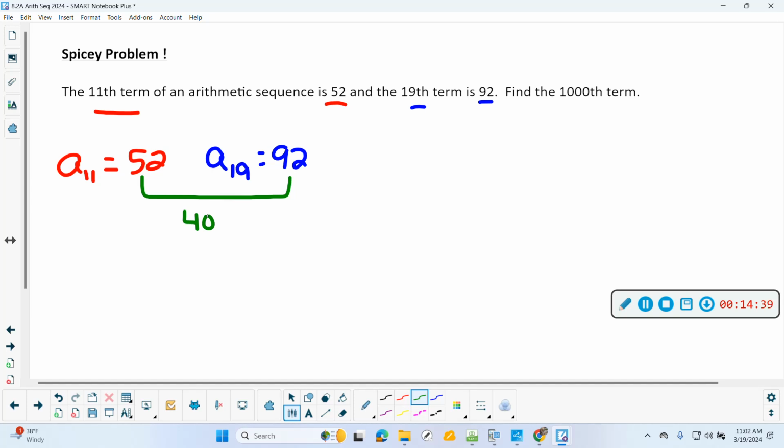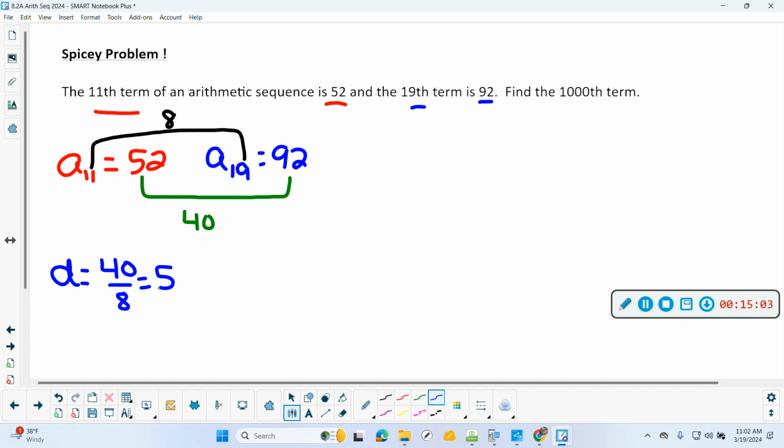I want the difference between each individual term. Well, from 11 to 19, how many terms is that? 8. So what is going to be the difference between each individual term? 5, because we did 40 divided by 8. So a little calculating there, not hard calculating, but we gotta first figure that out.